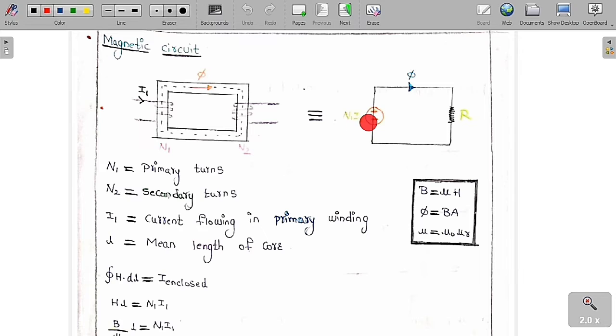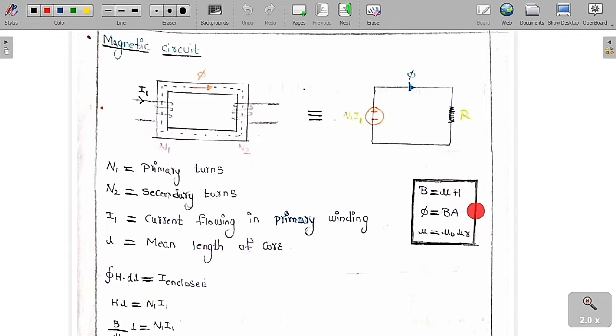It is going to produce the flux in the core, and the core is going to have a small amount of reluctance, which is represented by the symbol R. These are the things you always have to remember. So we have converted the magnetic circuit into an equivalent electric circuit.